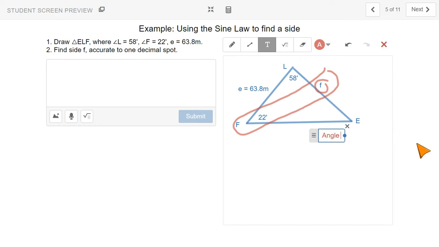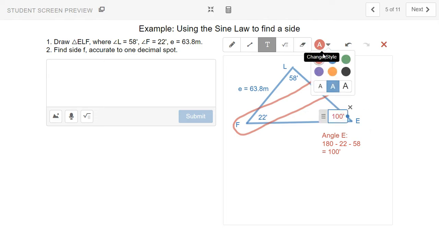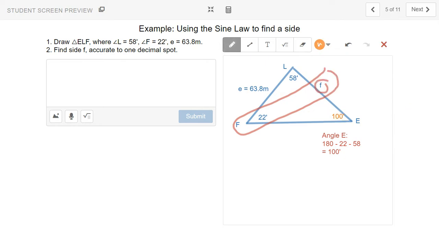So angle E, I took 180 minus 22 minus 58. We have 100 degrees. So my complete pair that I'm working with is going to be the E pair.